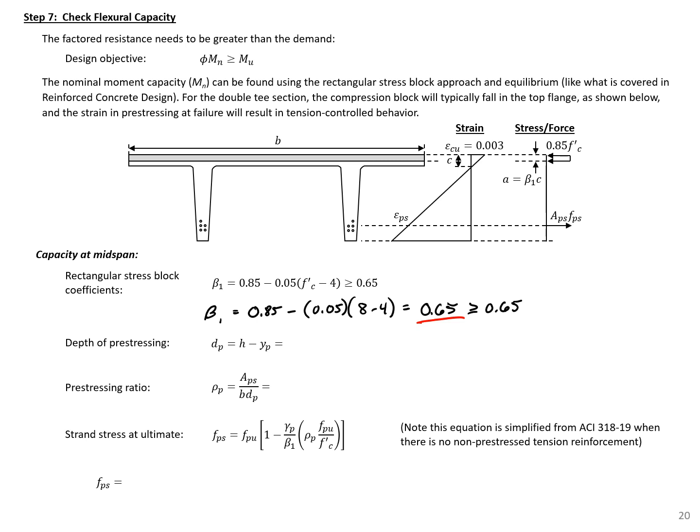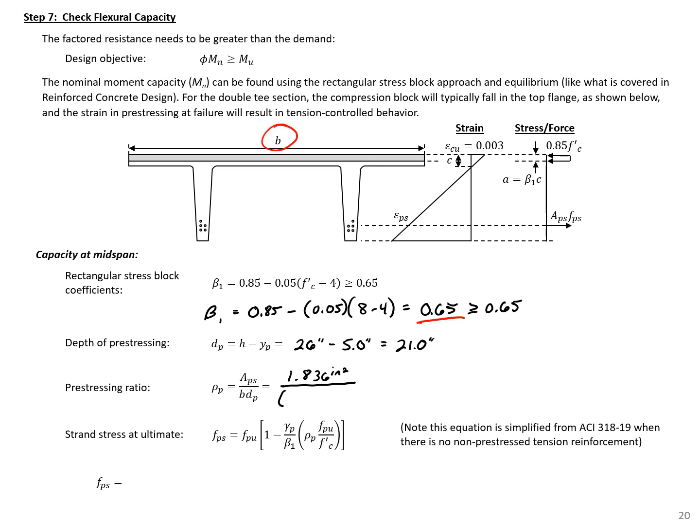Next, we can find the depth of our prestressing. So here we have the height of our section, 26 inches, minus our y_p, 5 inches. So the depth of our prestressing is going to be 21 inches. We can next find our prestressing ratio, and our prestressing ratio is our total area of our prestressing strands, 1.836, divided by the width of our compression region.